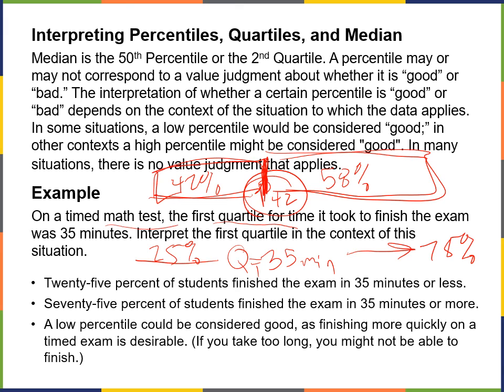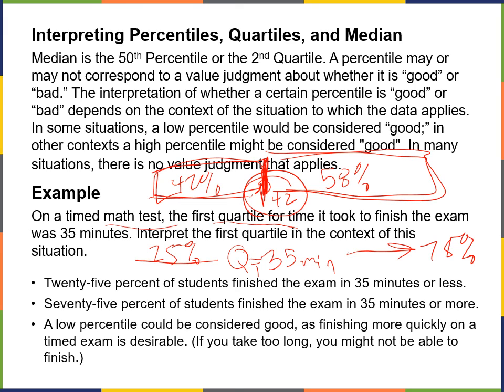It depends on how long you expected the test to take. For me as a teacher, if students finish a test really quickly, that usually tells me that maybe it was too easy. So if I was expecting them to finish in 35 minutes and only 25% did finish, then maybe that would be bad.